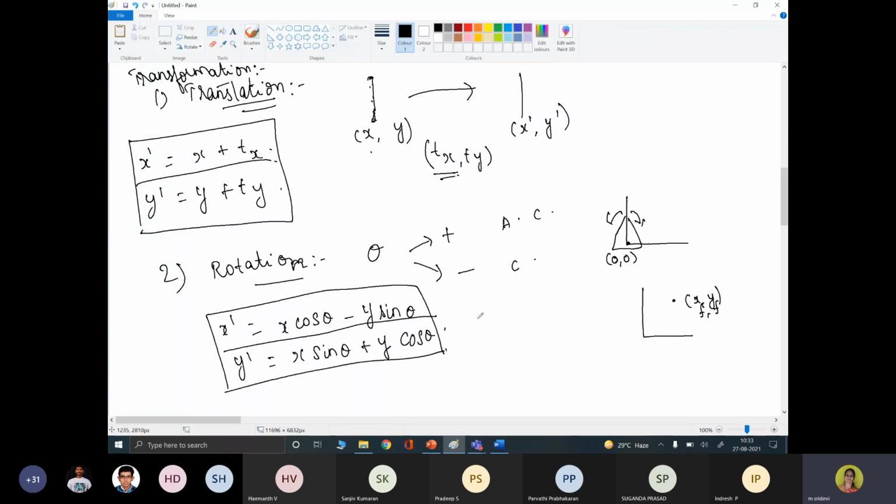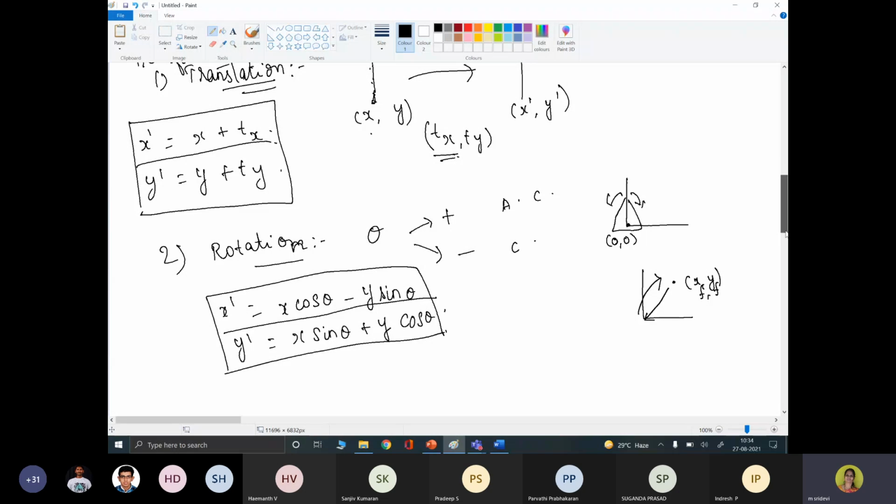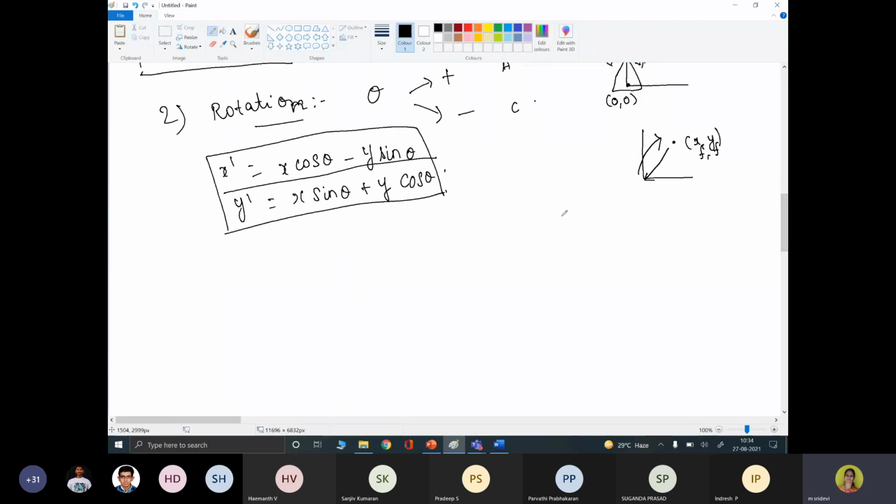To make it convenient, we translate the fixed point to the origin, perform the rotation with respect to the origin, and then apply the inverse translation so that the object is kept in the proper position. The final output gives a rotation with respect to the arbitrary fixed point (xf, yf). This is with respect to the origin. If it is with respect to some other point, we have to follow a set of steps.